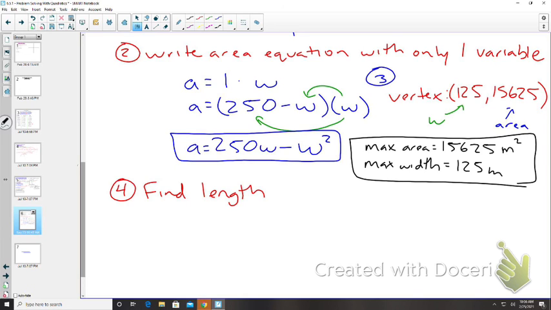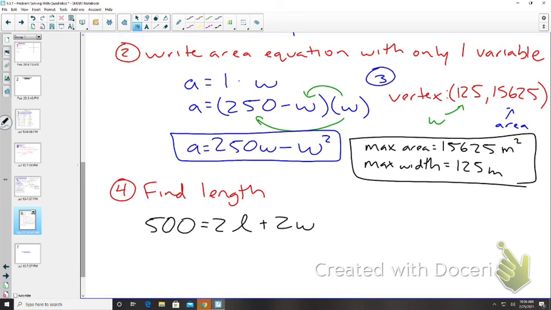So if we jump back to our top expression, we had 500 is equal to 2 length plus 2 width, right? What are we going to substitute in here? What did I just find? We found the W, right?